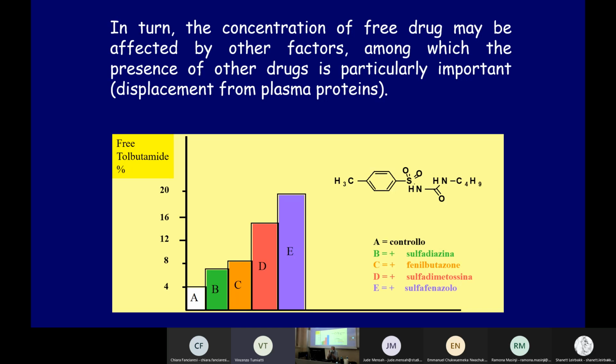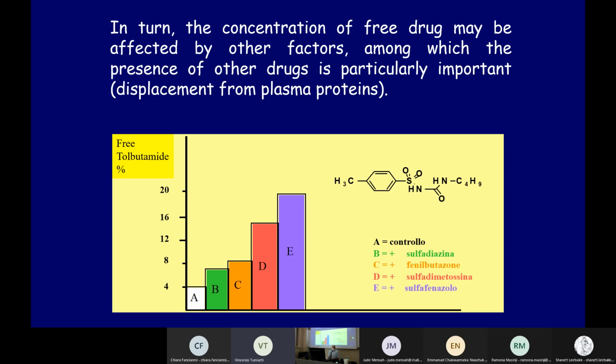So this means that you have a higher concentration of free drug, the first one, because you have a displacement of the first drug from the binding site on the protein.